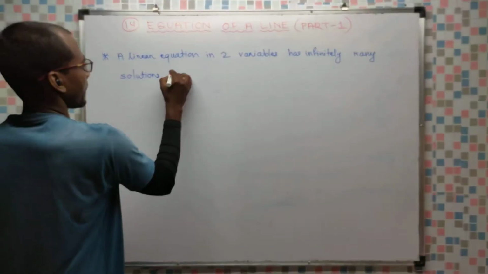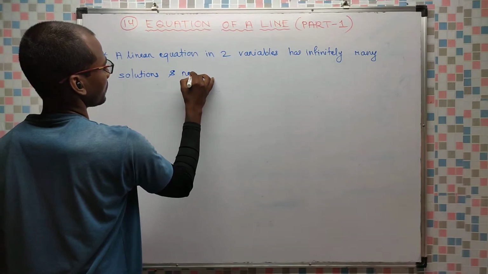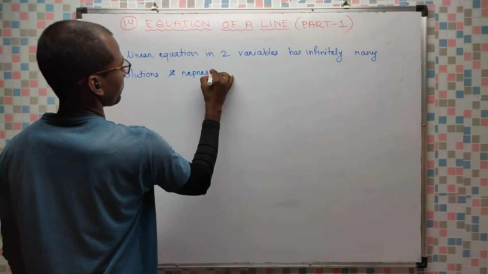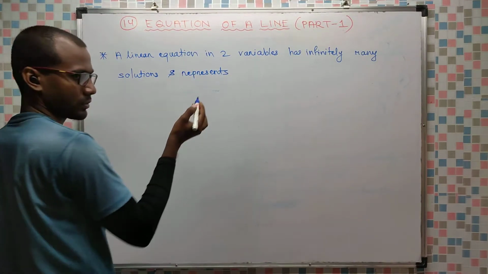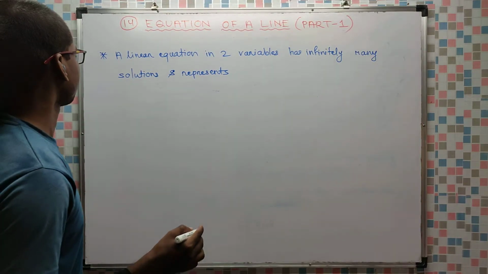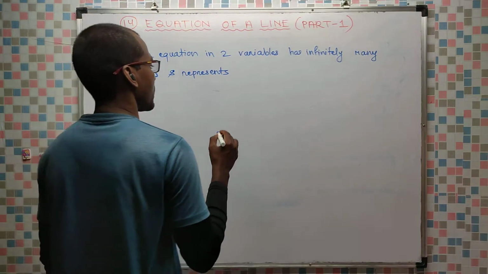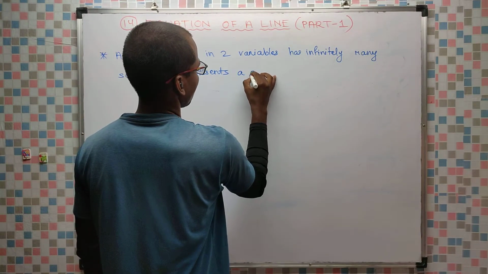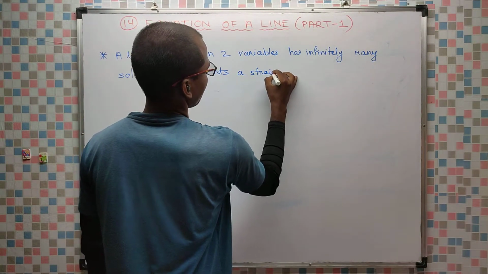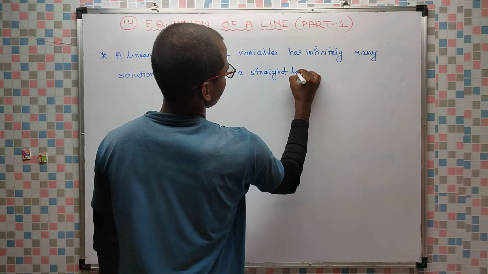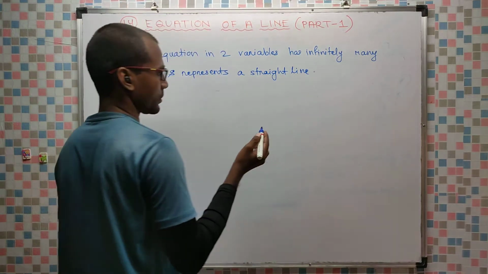Okay, and we have already verified, I have already shown to you. I am just writing the concept. A linear equation in 2 variables has infinitely many solutions and represents a straight line. Okay, I have shown this to you.